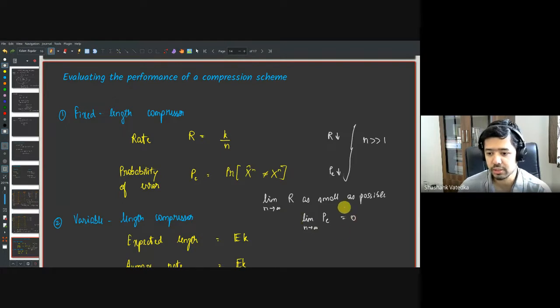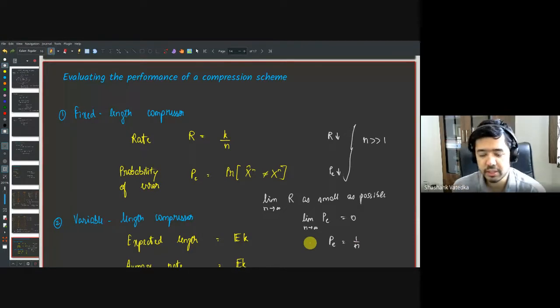Now note that this particular statement does not mean that the probability of error is exactly equal to 0. All this says is that it becomes smaller and smaller, vanishingly small, but it may never be equal to 0. So it's possible that you could achieve a probability of error which is decaying as 1 over n.